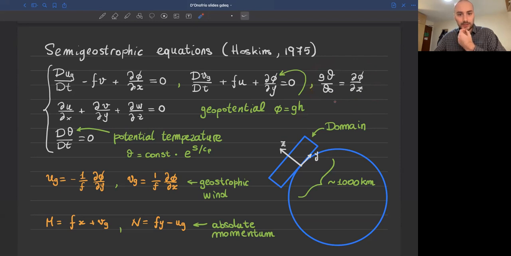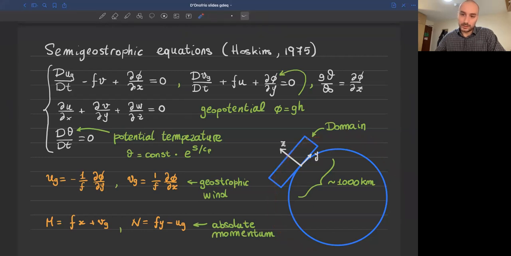So other things worth remarking are that we are considering a domain which represents a piece of atmosphere, which we consider flat, right? The atmosphere is something like this, okay?